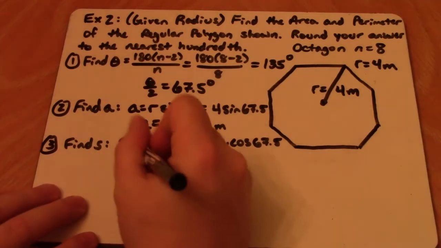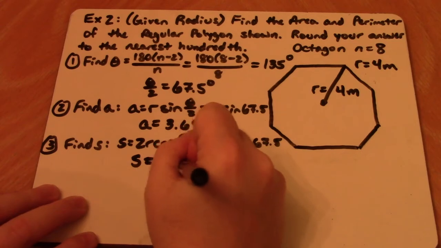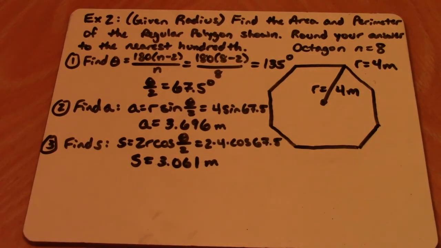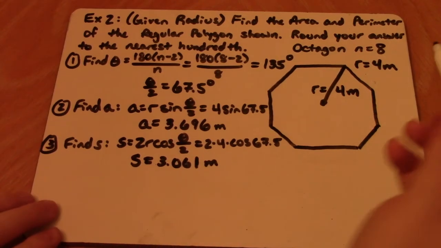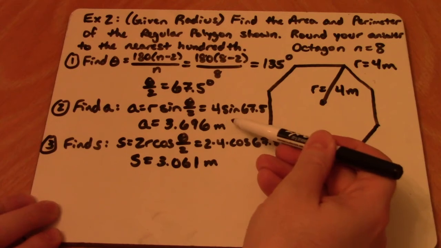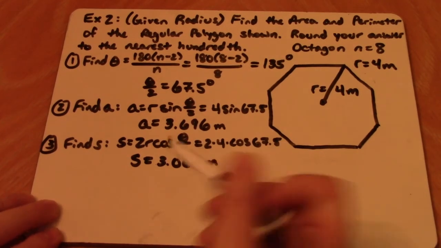And again, we're going to keep 3 decimal places. So we're going to say 3.061 meters. So now we know what we need to know to find the area and perimeter. We know the number of sides, which is 8. We know the apothem is 3.696. And we know the side length is 3.061.